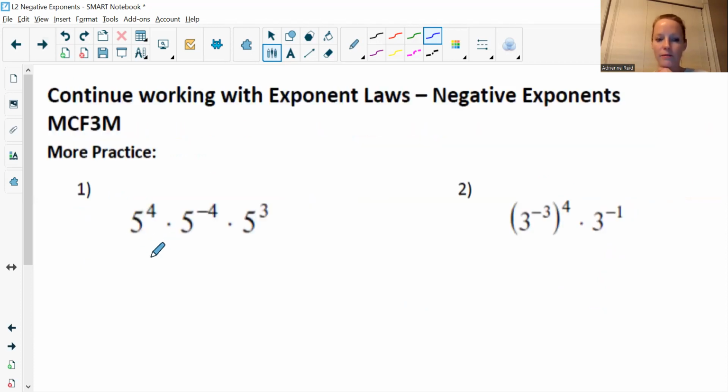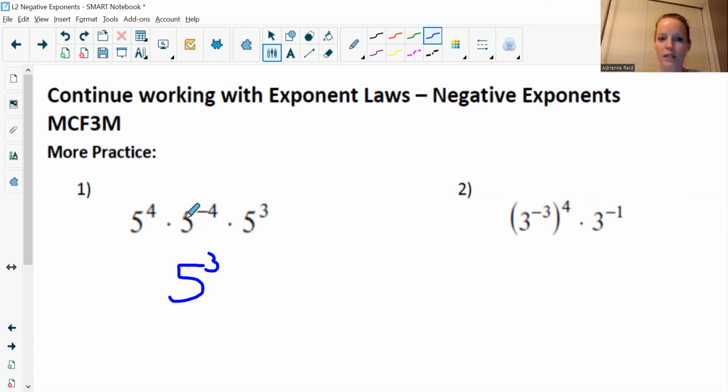So here's some more practice. I'm combining rules from yesterday, so we need to make sure we're comfortable with them. This is a product rule, multiplication, so I add my exponents. 4 plus -4 is 0. 0 plus 3 is just going to be 5 to the exponent of 3.